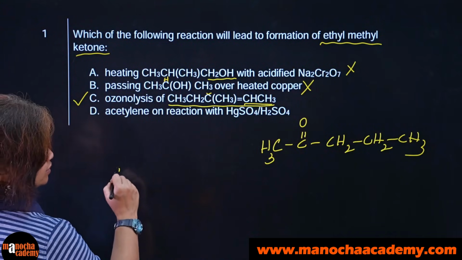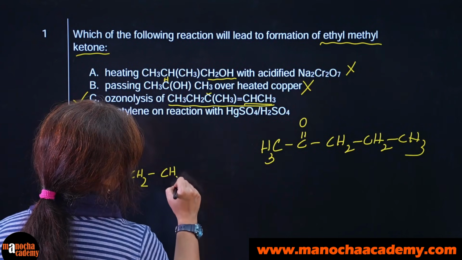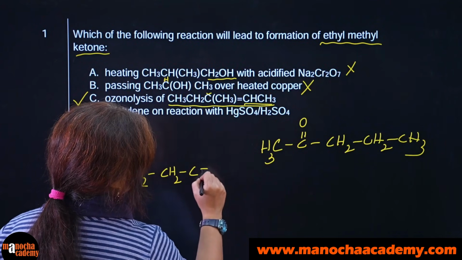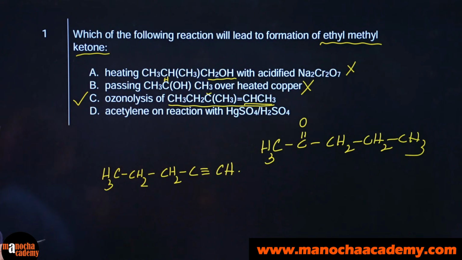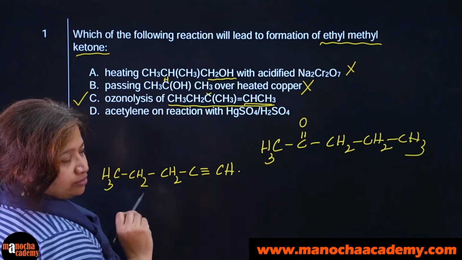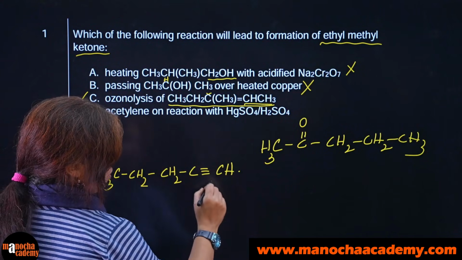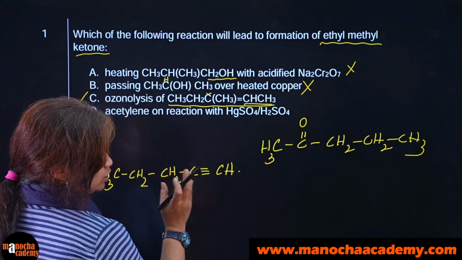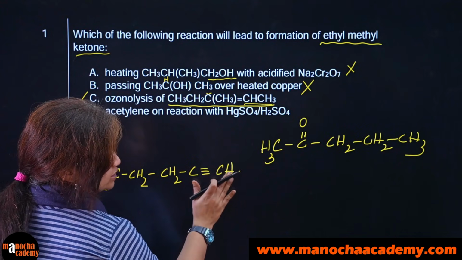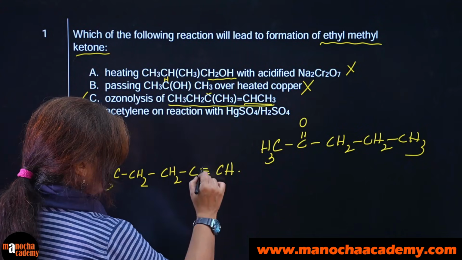But I would like to also show you this one. Suppose I write here CH3, CH2, CH2, C triple bonded CH. Now, to this, under this condition, mercuric sulfate and dilute sulfuric acid, what happens? Markovnikov's addition of water takes place. Here to this carbon, hydrogen is added, to this carbon, OH group is added. So I'm doing that in one step.